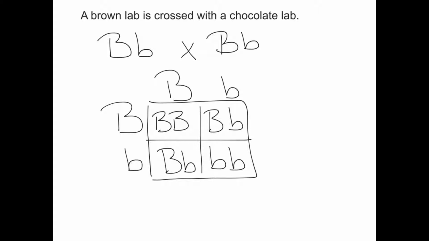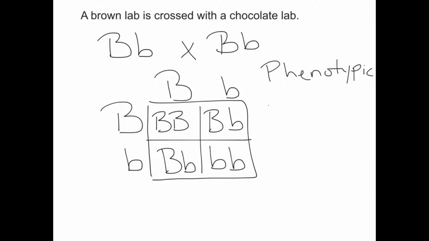For phenotypic ratio, we're going to be looking at the actual colors of the dog, so what we see, the physical features. So in this case, we have to translate these big B's, little b's into an actual color.